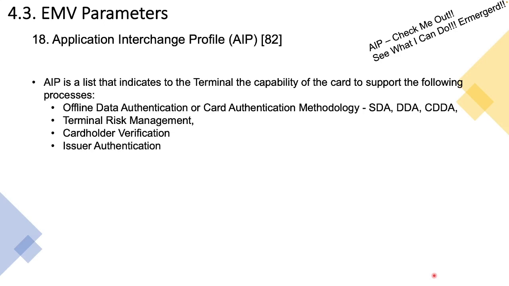Okay. It tells the terminal, I as a card, am I capable of performing offline data authentication? And which types of CAM or card authentication methodology do I support? Do I support SDA? Do I support DDA? Do I support CDA?